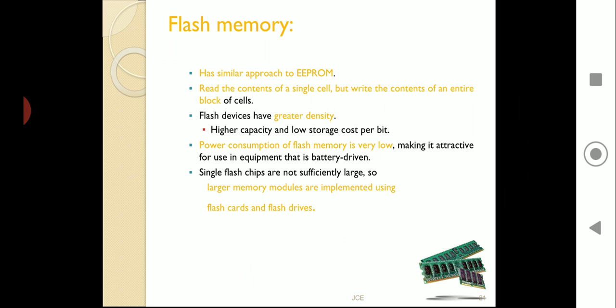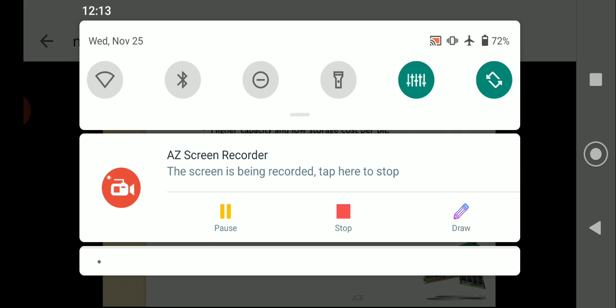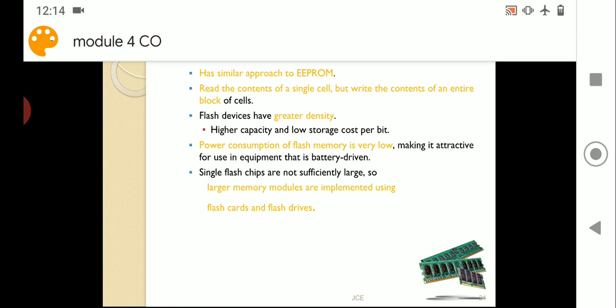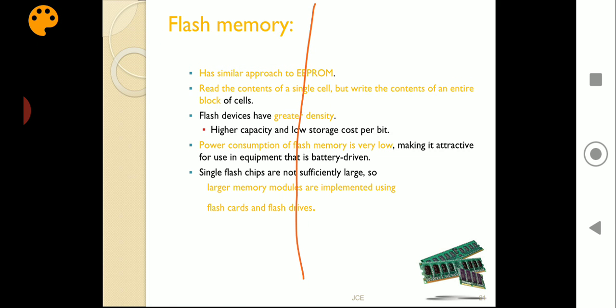So what is happening in your flash memory? A large block of memory can be erased at once, which was not possible in your EEPROM. In your EEPROM, what we used to do, each byte was erased individually. Okay, friends. So see here, what is happening now, friends? In your flash memory, what we are doing? We can erase at a time.